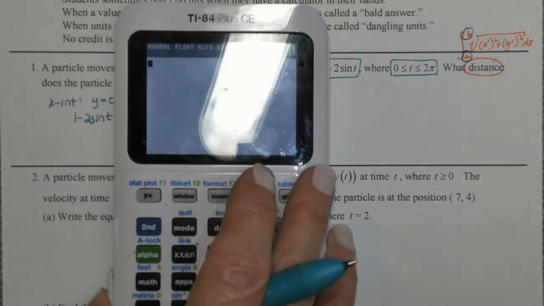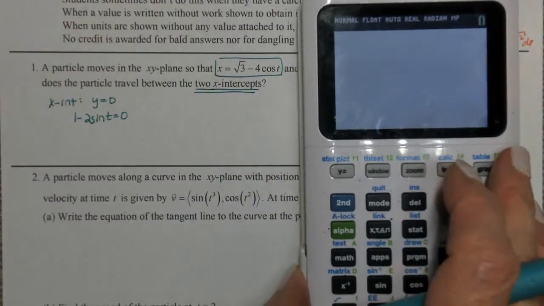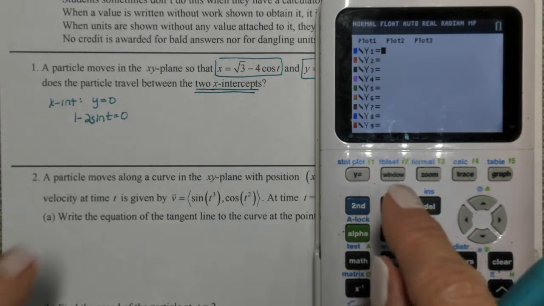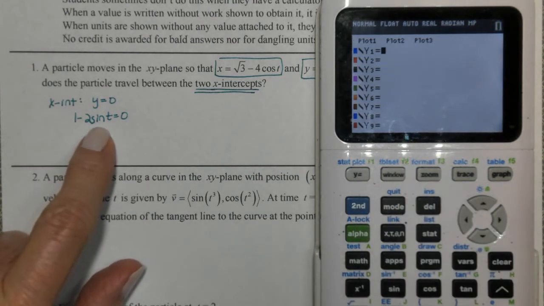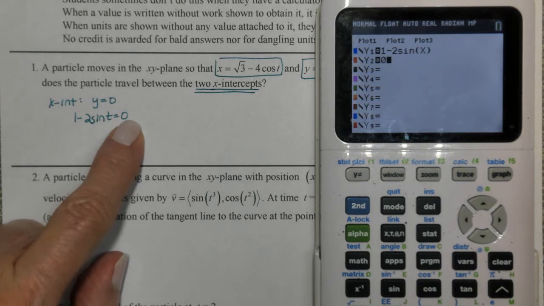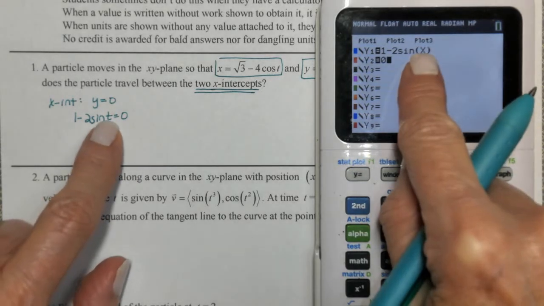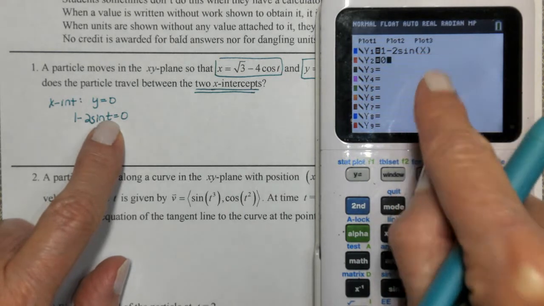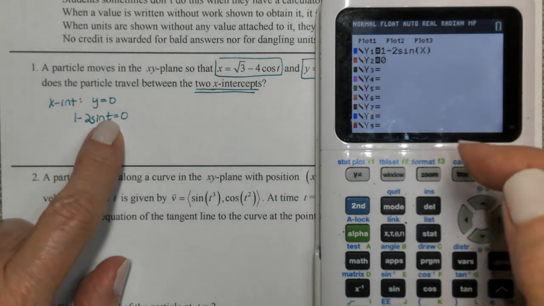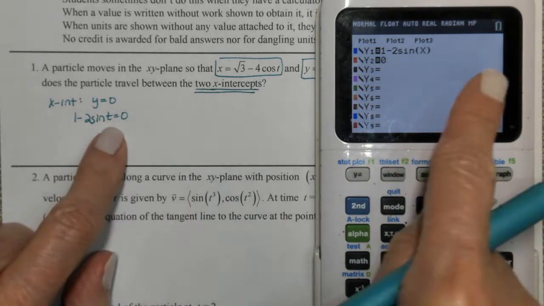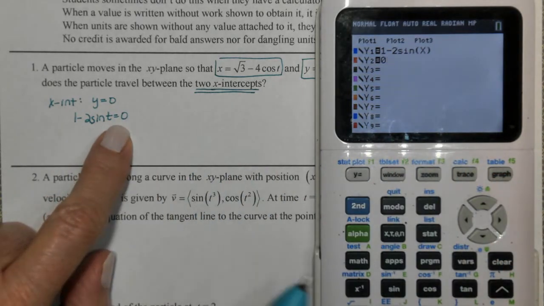Let me get it to where it doesn't have that glare to it. Okay, I'm going to put the left side in for y1 and the right side in for y2, where in my calculator now x is t. So my solution should be wherever the y-coordinate is 0 here.